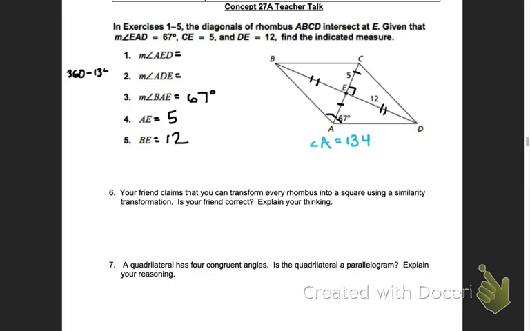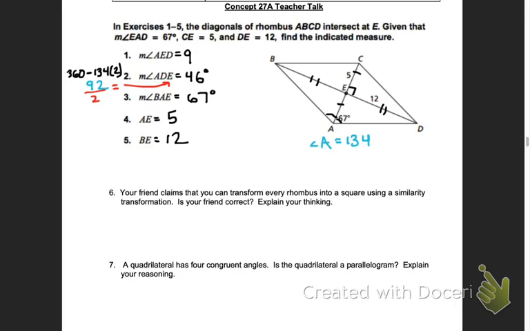So 360, take away that 134, but I've got 2 of those, so times 2. We're going to get 92. So 92 degrees is the angle measure of ADC. We want just half of it.